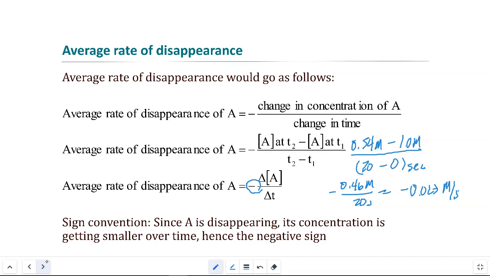And vice versa. If I want to take the rate of appearance and figure out the rate of disappearance, I've got to flip the sign in addition to applying whatever stoichiometry I need to apply. And so that's why we've got that extra negative sign here in the formula.